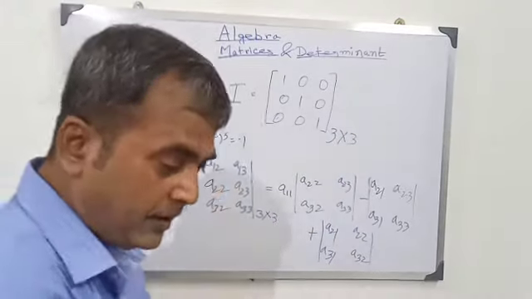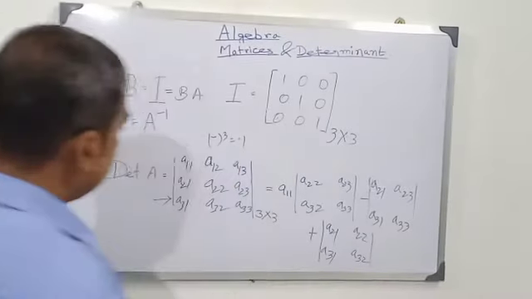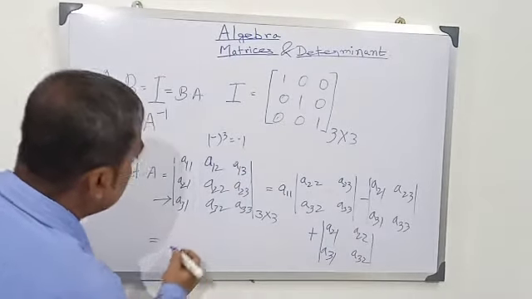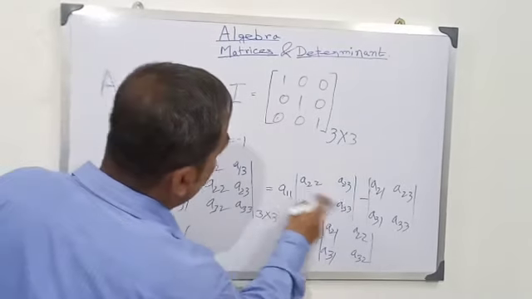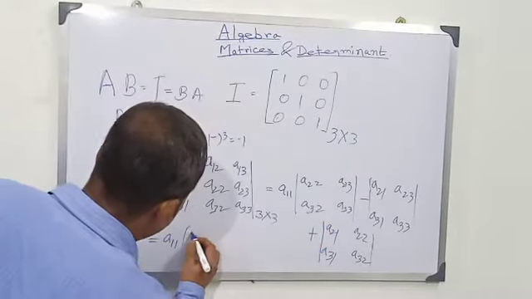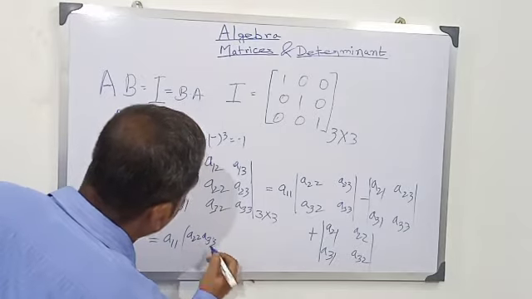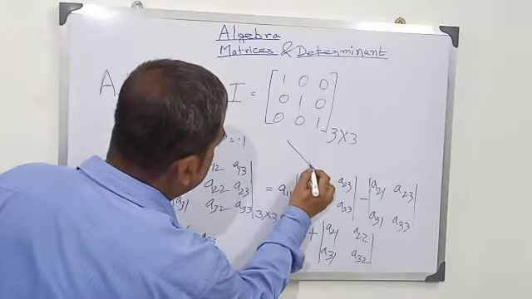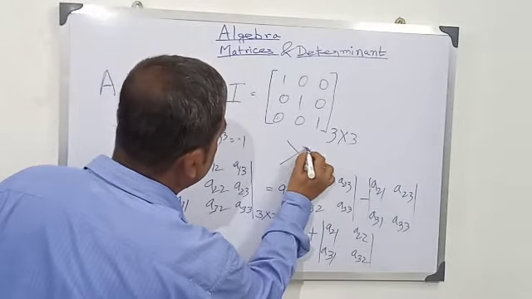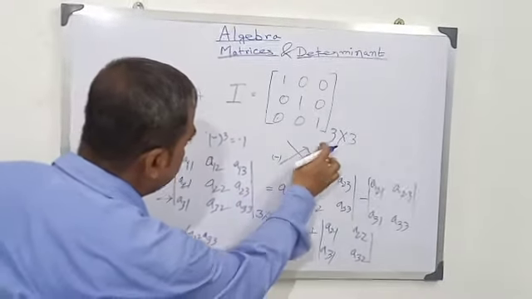Now the question is that expanding this: A11, then within bracket these two are multiplied. So A22, A33 minus this. So it is coming like this, then minus this, coming like this, then minus this.